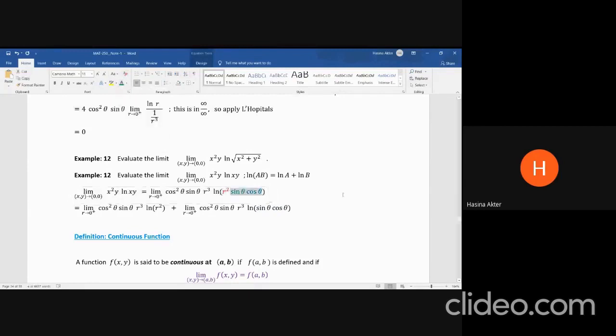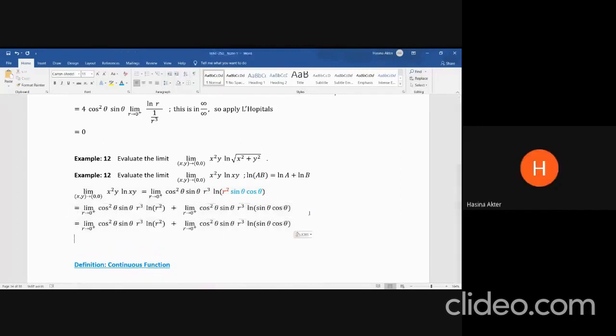So if you have a natural log of A times B, then you have natural log of A plus natural log of B. Do you follow me? Miss, then ln sin theta cos theta will become a constant, right? There is no r here. Exactly. Then it comes to the front. Yep. Then this is not zero, only r cube remains. Let me show you. Then over there this comes out. Okay.